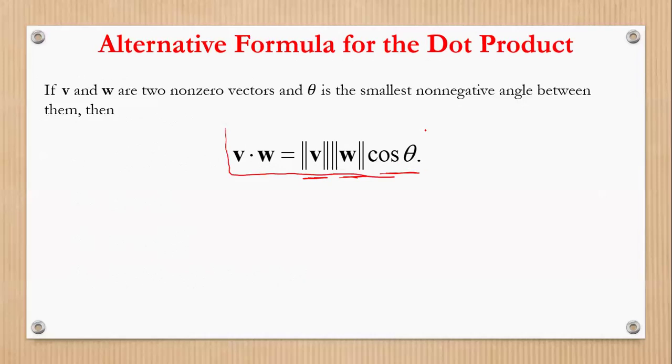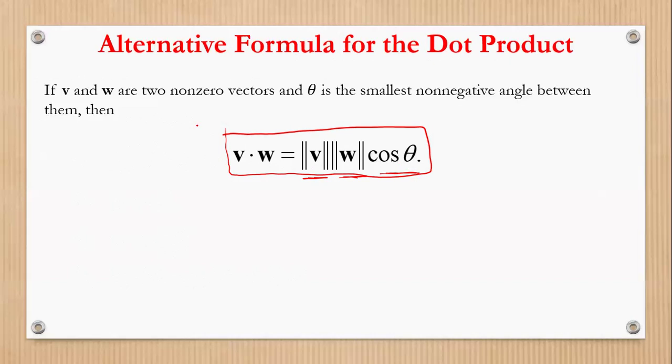So that's another formula for the dot product. But for sure, the first formula is much easier. Every time we have the components of the vectors and they ask us to find the dot product, we are going to use that formula.